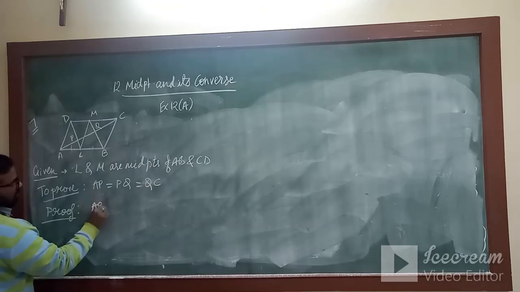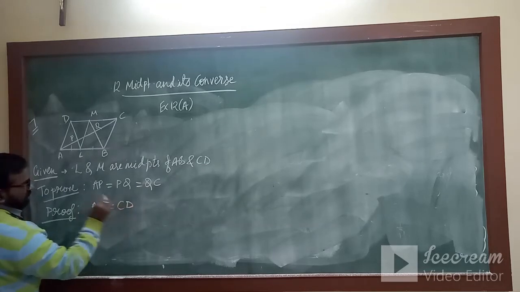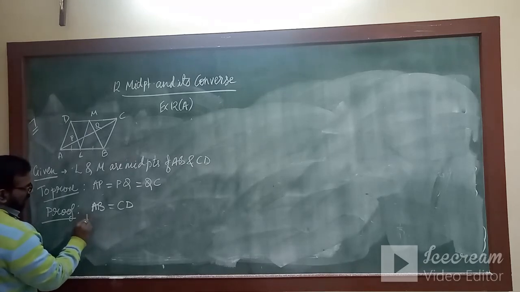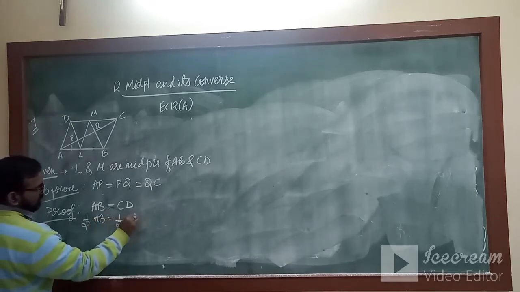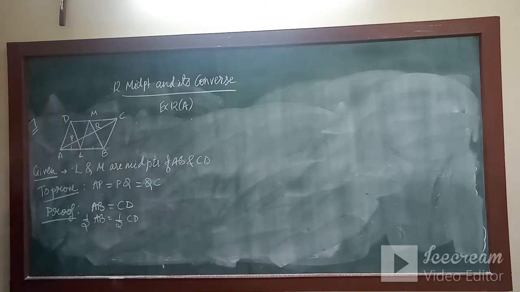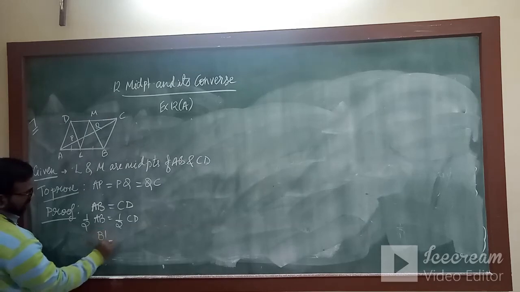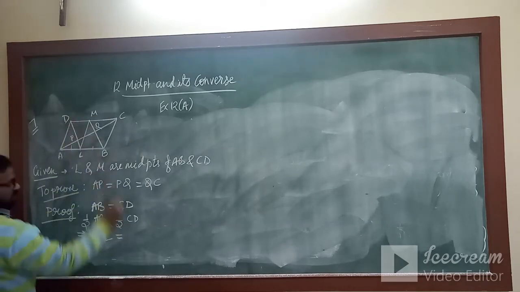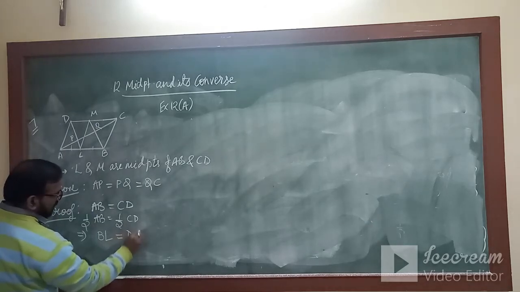AB equals CD, that we already knew. So half of AB will be half of CD. Half of AB I will take as BL, and half of CD I will take as MD.